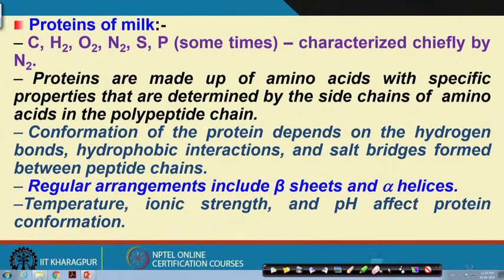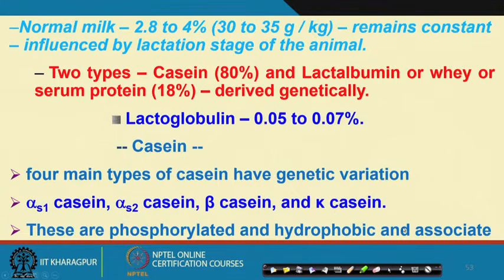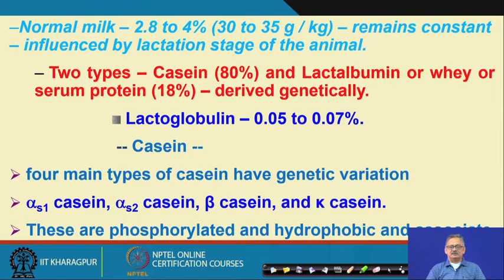Now, let us look into that. Normally, milk contains around 2.8 to 4% protein, which is around 30 to 35 grams per kg of the milk. It contains protein, these nitrogenous compounds, and this remains constant because normally proteins do not come out the way fat does.